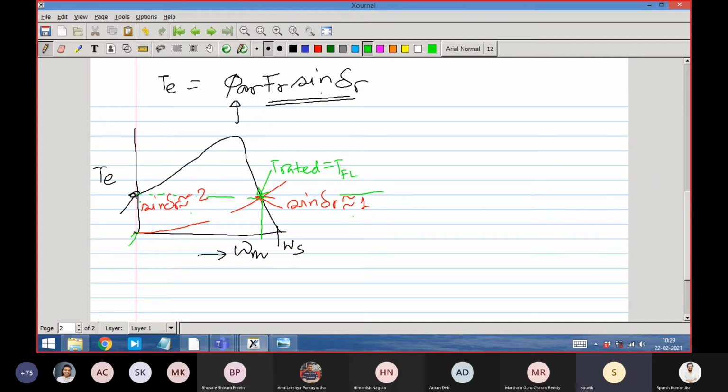As the speed is increasing, as per its characteristics, what is happening is that omega s minus omega rotor, which is equal to omega r, is gradually reducing, because omega rotor is increasing as it is speeding up.